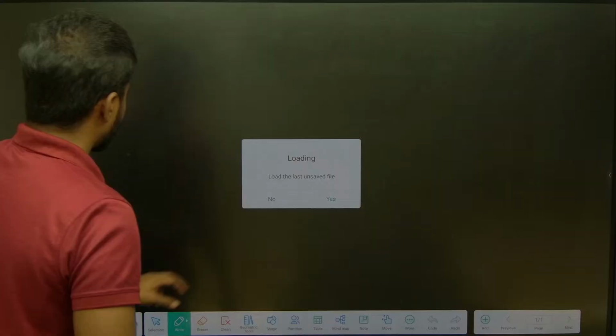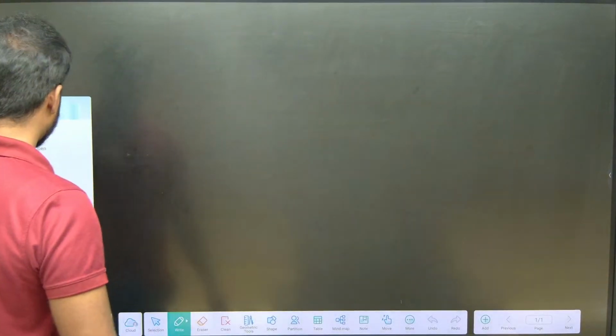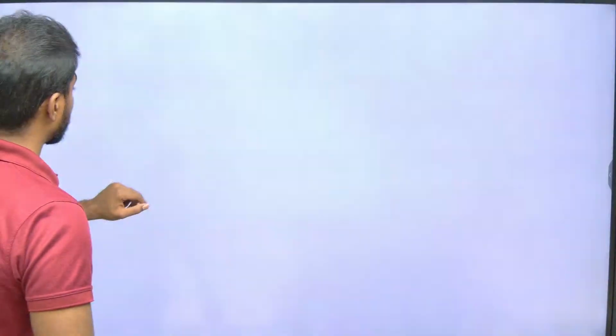A few more minutes, like one or two minutes, so it will get loaded.